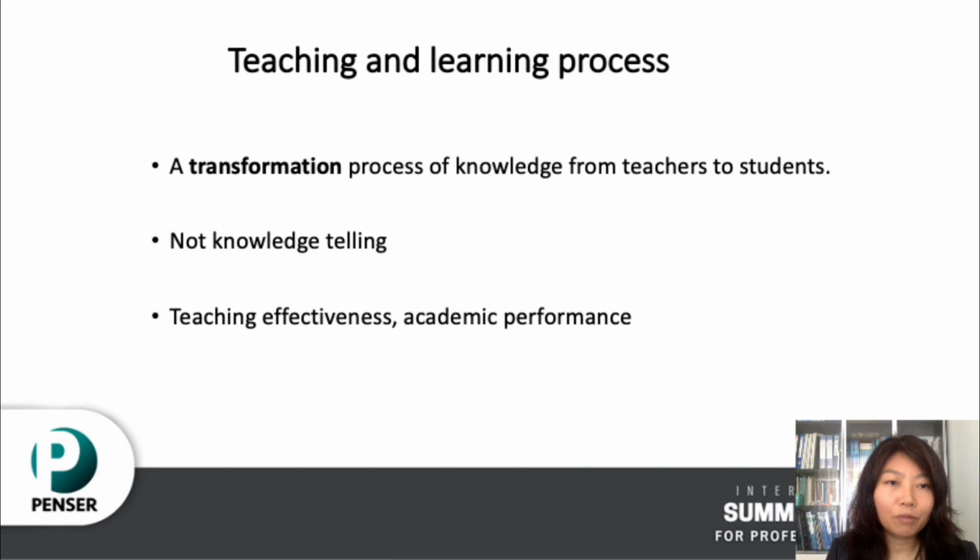Because if the professors just tell what they want to tell and pay less attention to whether the students can understand or not, probably the teaching effectiveness will not be as good as we expected, and the students probably will not get a good academic performance.